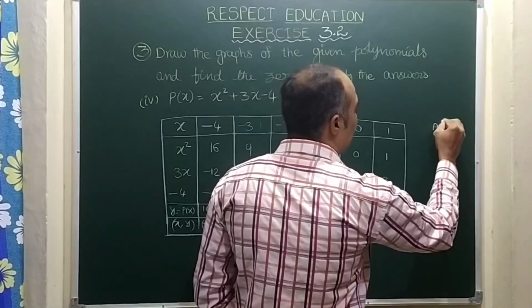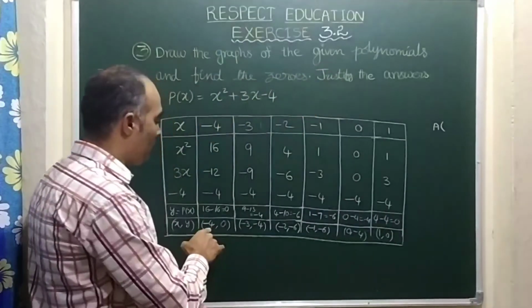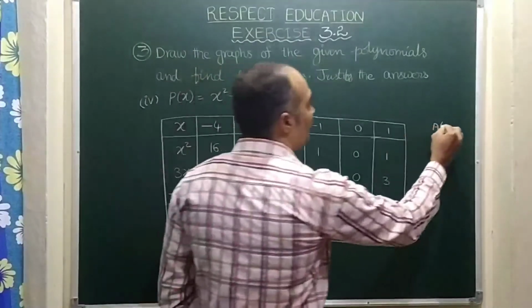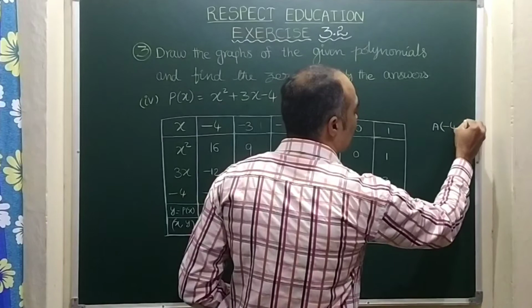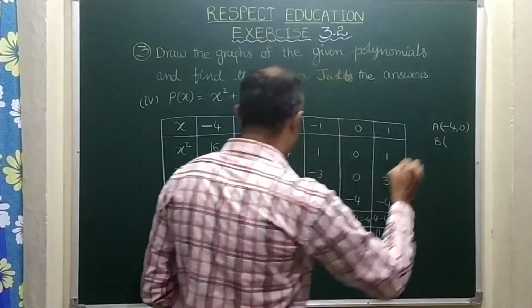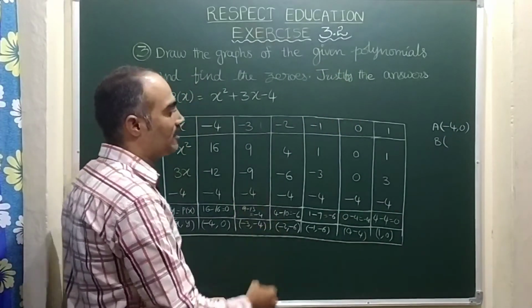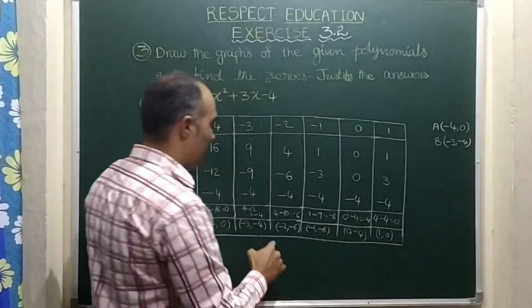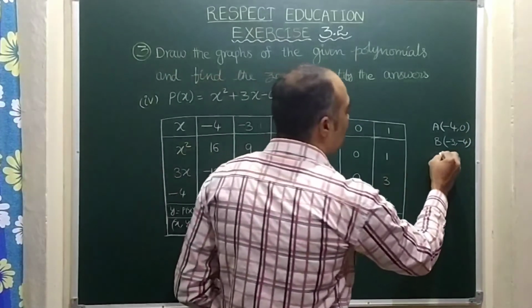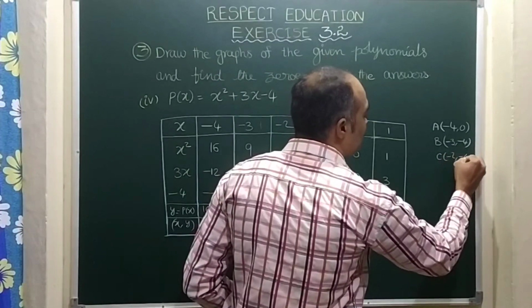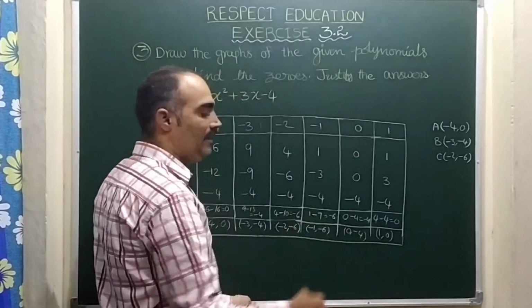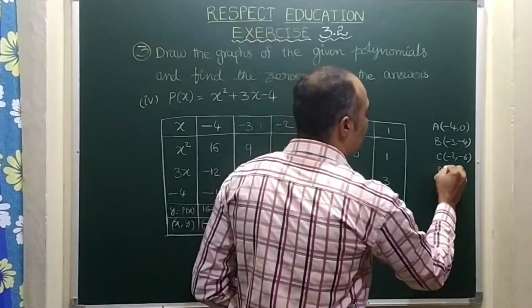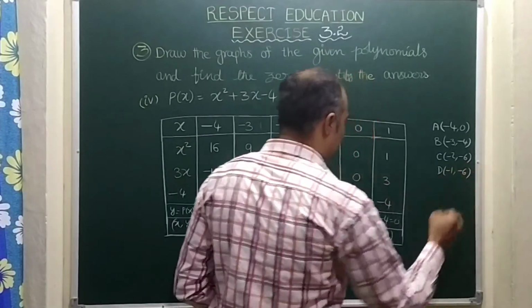Here I am writing A. First point minus 4 comma 0. A is minus 4 comma 0. Next B minus 3 comma minus 4. C minus 2 comma minus 6. D minus 1 comma minus 6.